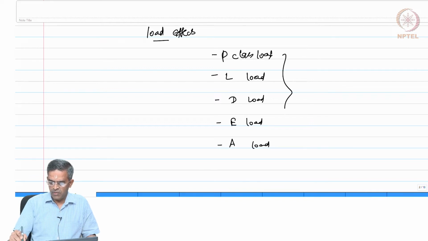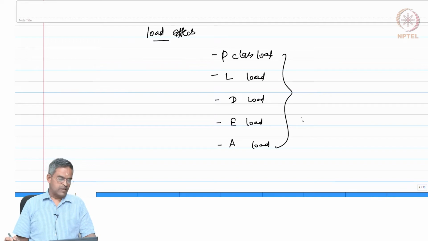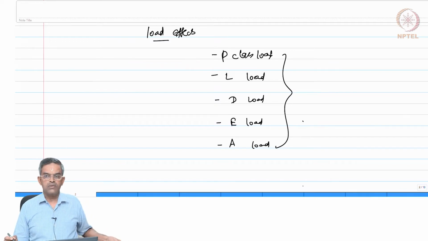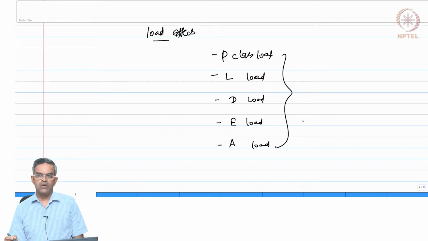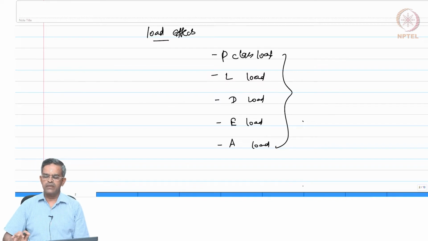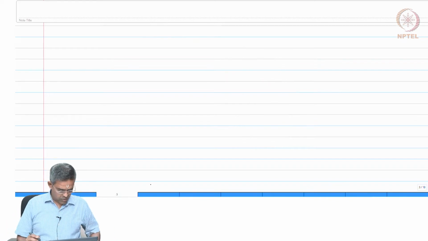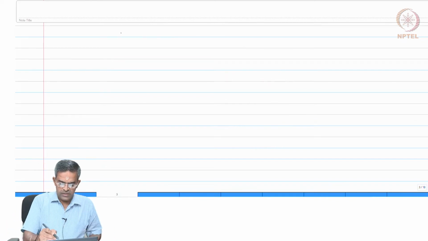So, we discussed this in detail in the last lecture. We also discussed the effect of environmental load in the context of return period, and we learnt how this can be handled. Okay. Now, we will discuss the load combinations.